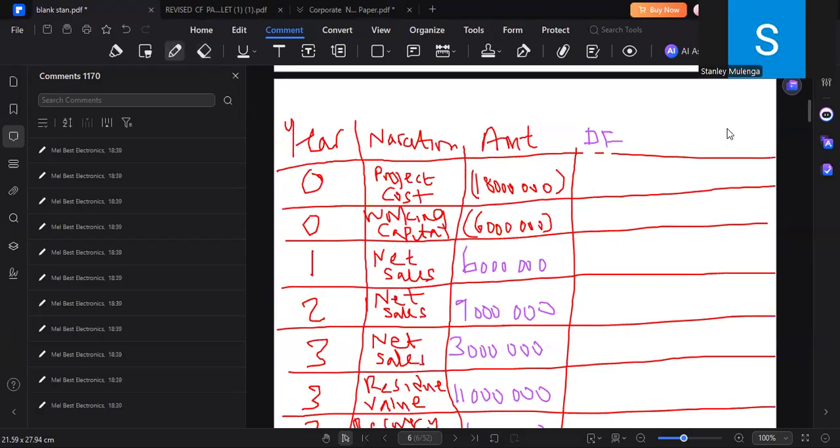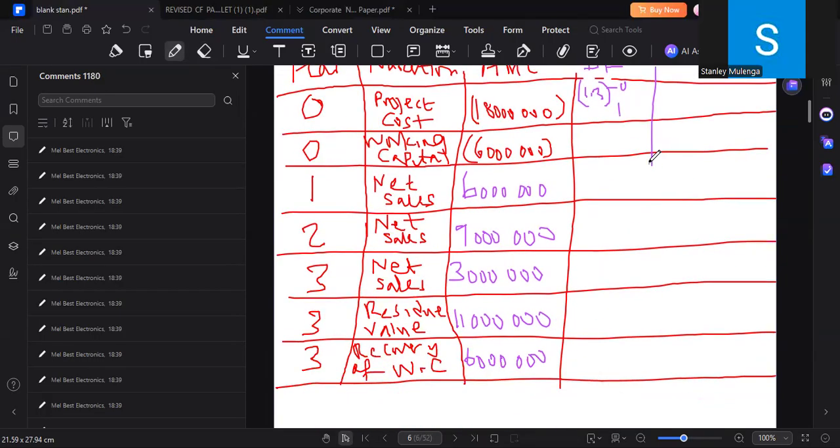So this is what we are doing. 1.3 to the power -0, the answer is 1. Since it is raised to the power -0, it's 1.